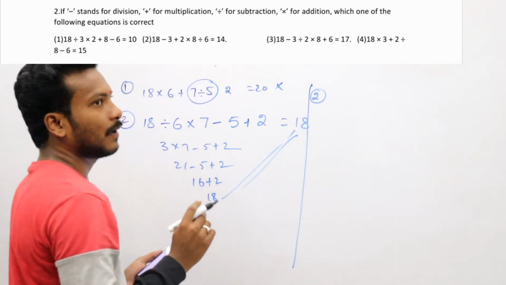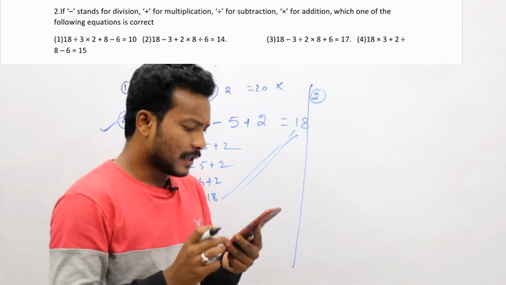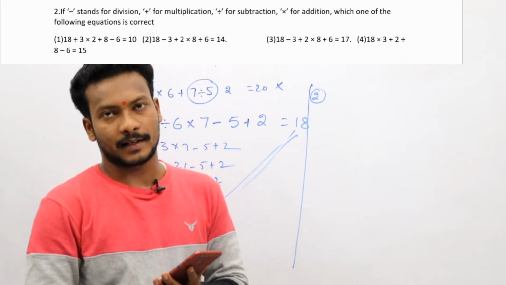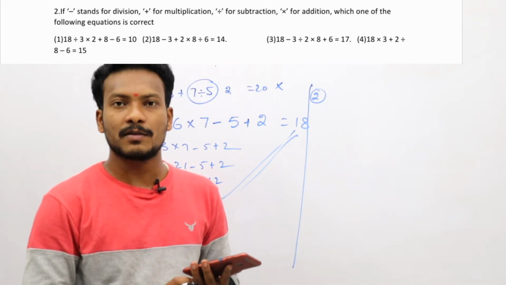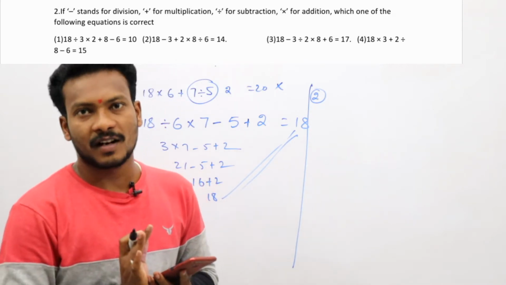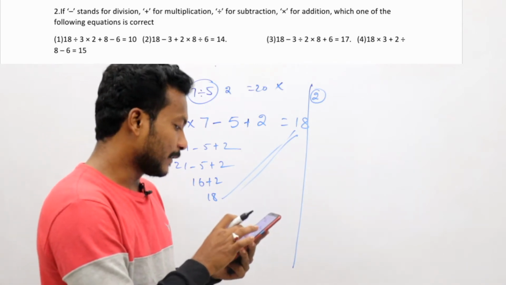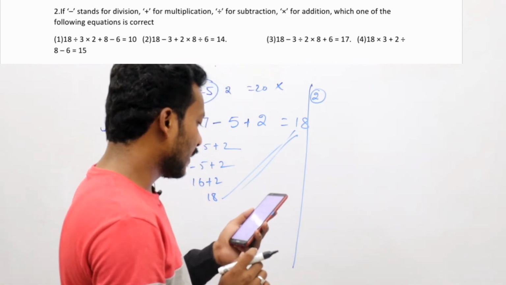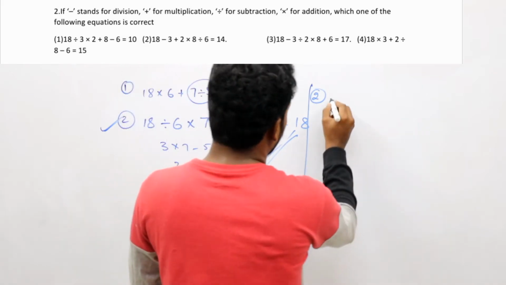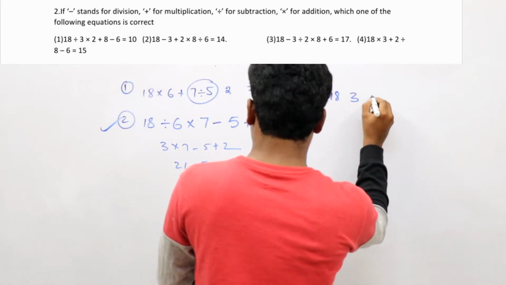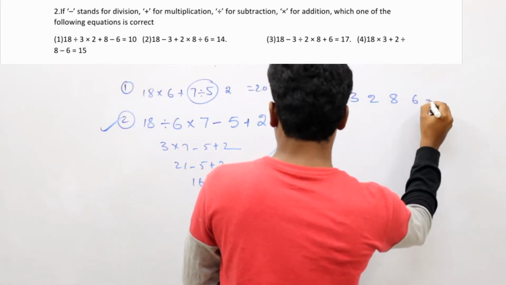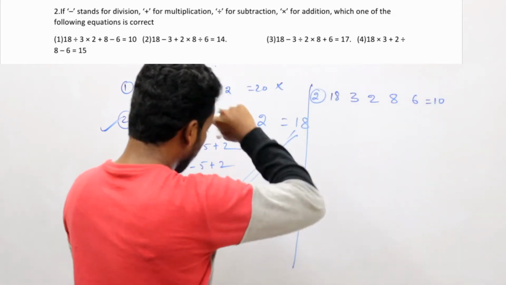Now the first question is over. Now the second question. Again he is asking for the correct answer. Correct answer means conclusion, so we have to check all the options 100%. Now the first one: 18, 3, 2, 8, 6 is equal to 10.